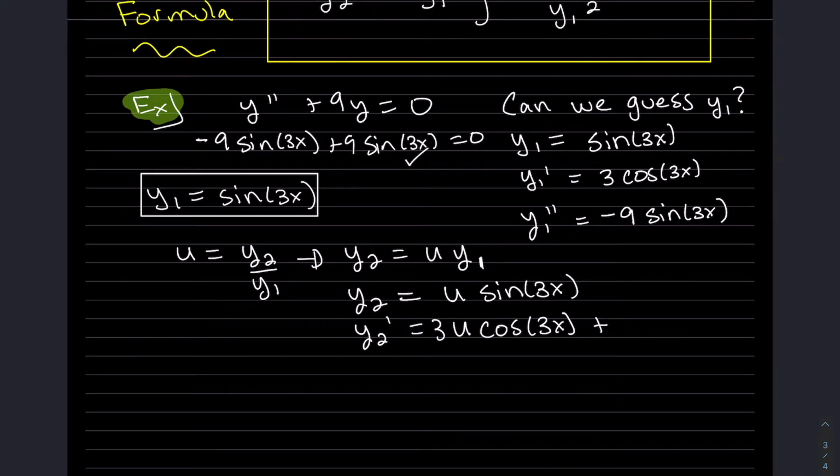We have to use the product rule. Product rule again twice. So we take the derivative of this, which will be minus 9.